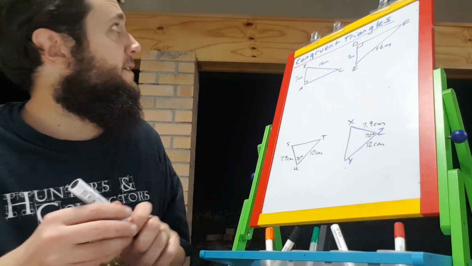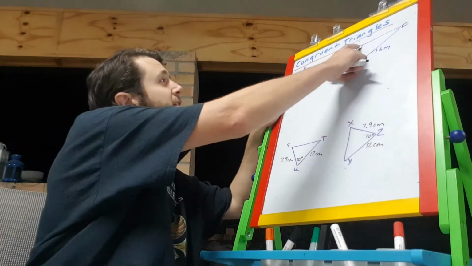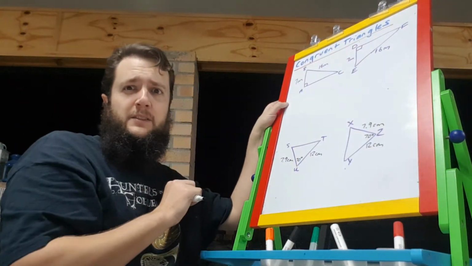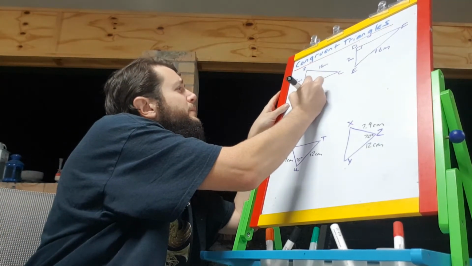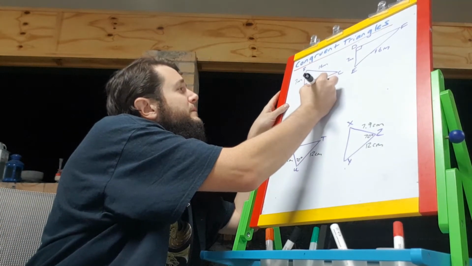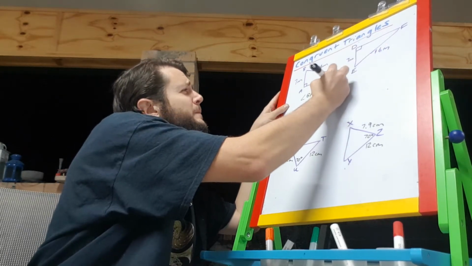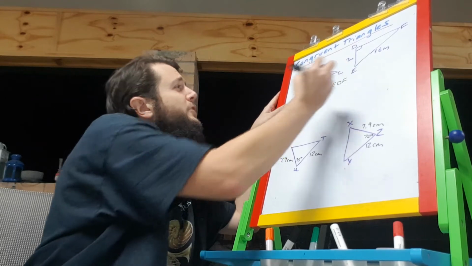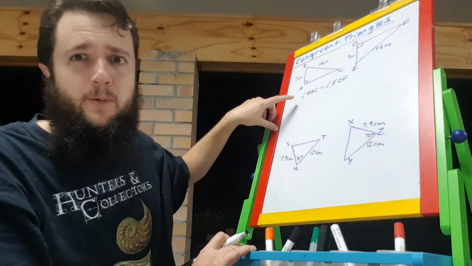So what we do is we state what's in common. Now you see here, this right angle, they both have a right angle. So I can write angle BAC equals angle EDF. Notice how my selection of letters here describes where the angle is.